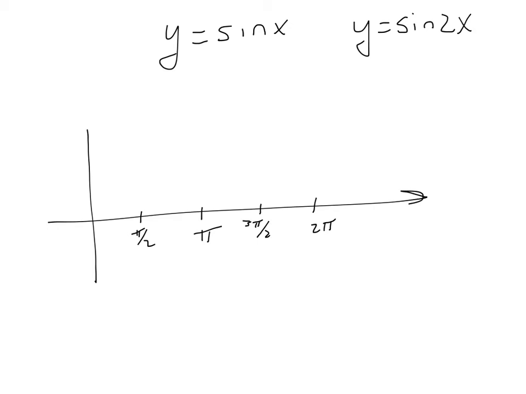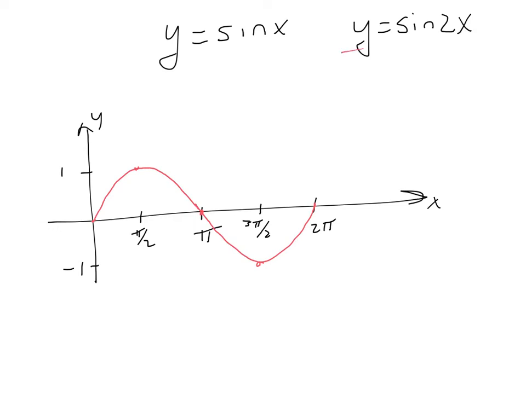If I go to 1 and to negative 1, this is what my basic graph looks like. I know that it starts at 0. It hits 1 at 90, goes back to 0, hits negative 1 and back to 0. If I just sketch that in quickly, this is what we call one cycle or one period of the graph.